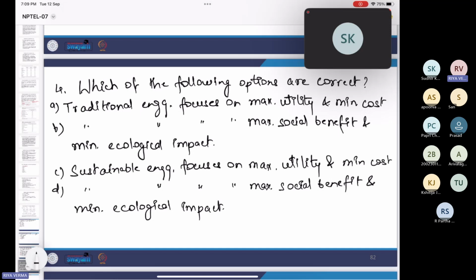Option B is traditional engineering focuses on maximum social benefit and minimum ecological impact. Option C is sustainable engineering focuses on maximum utility and minimum cost. And option D is sustainable engineering focuses on maximum social benefit and minimum ecological impact. Now you may answer.